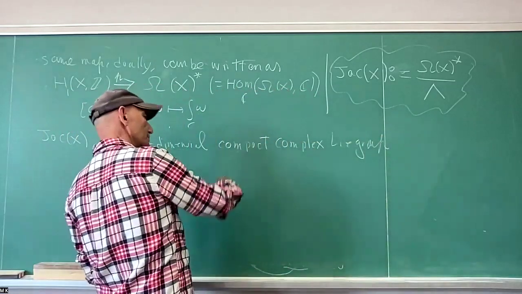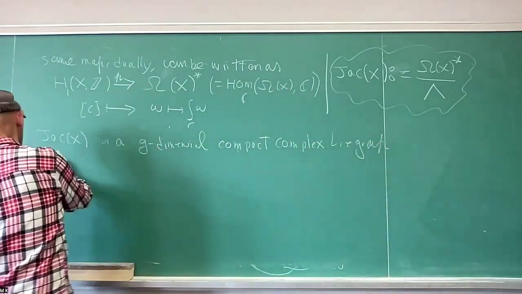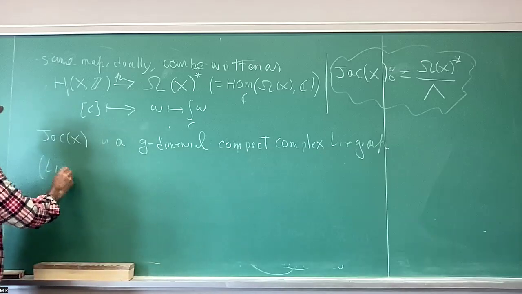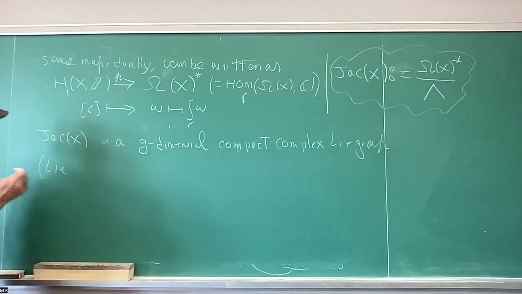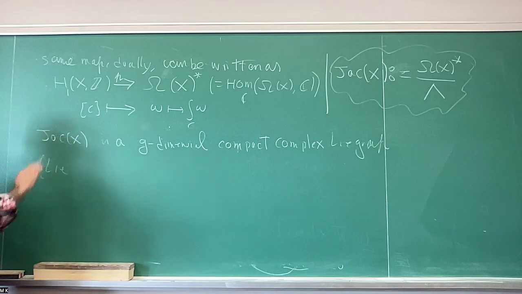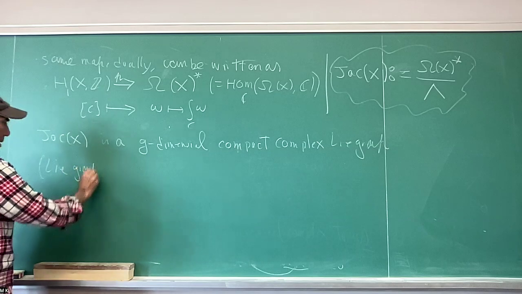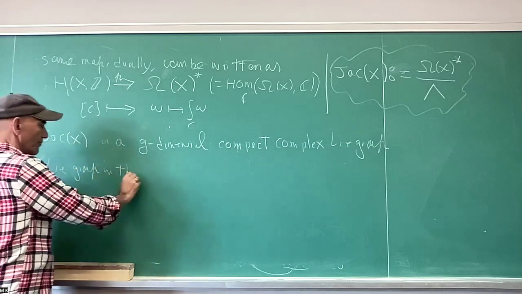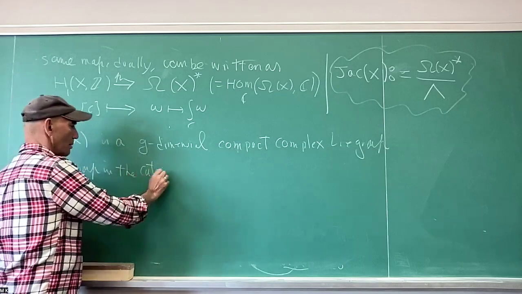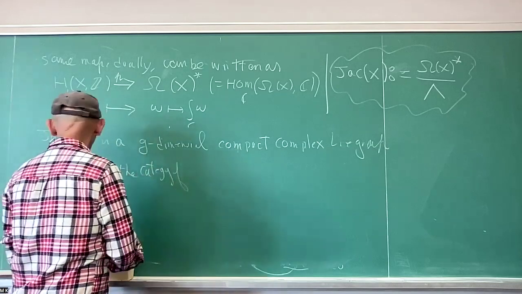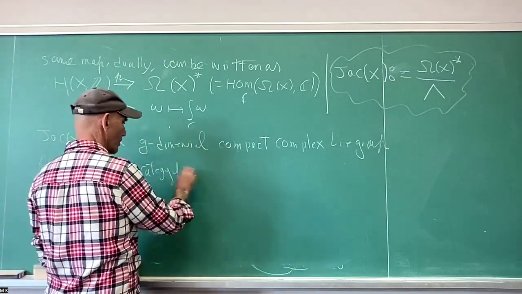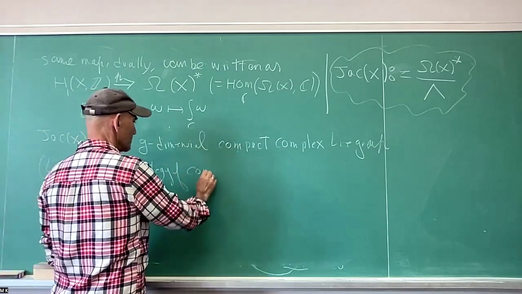It's a Lie group in the category of complex manifolds. Okay, in algebra, people call it algebraic groups, but this is a big object. Lie group in the category of complex manifolds.